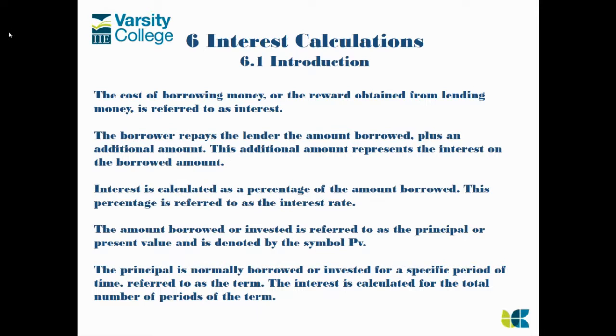The borrower repays the lender the amount borrowed plus an additional amount. That additional amount, the rand value, is your interest. I don't need to go into that. Pretty straightforward. I think we're all happy so far in terms of what interest is.